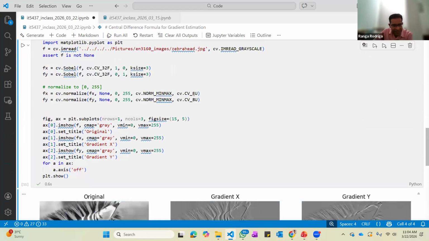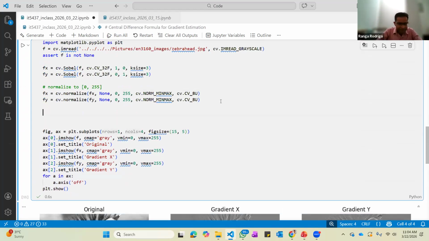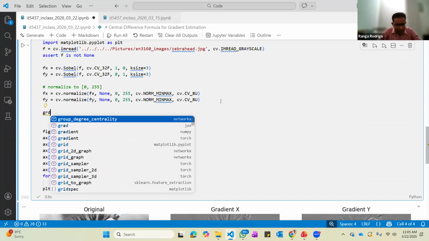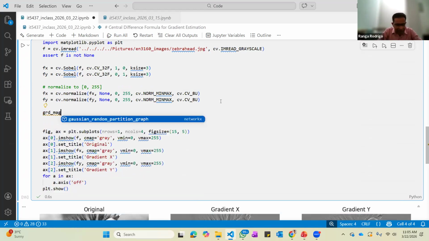by using this one, we can compute the magnitude of the gradient. So plot that also. I'll give 4 columns here. Grad magnitude, gradient magnitude. You can do it like that also, but I can use NumPy to get that.